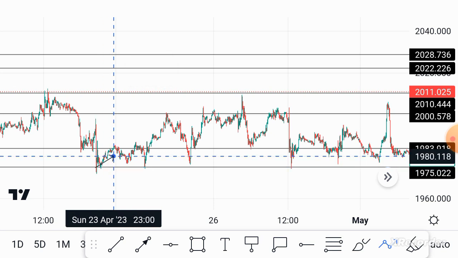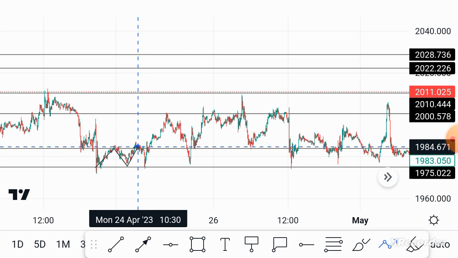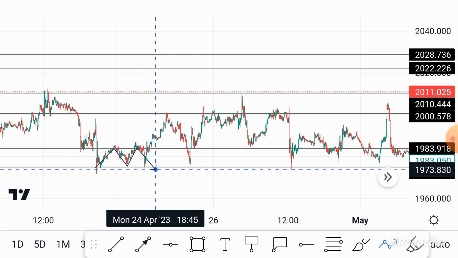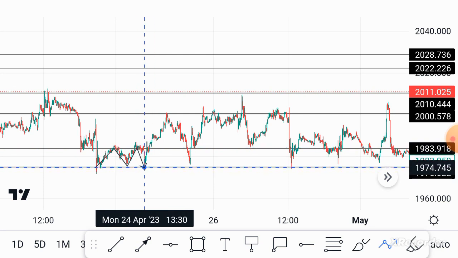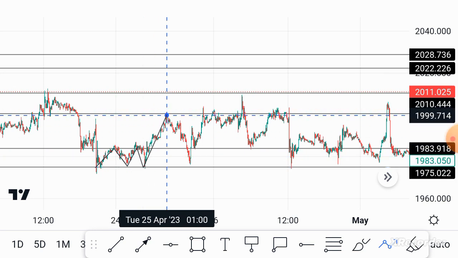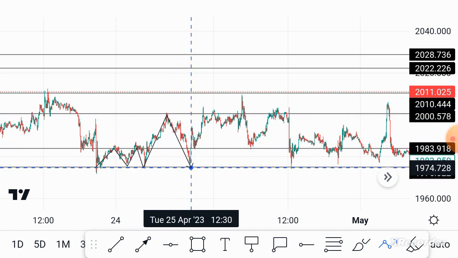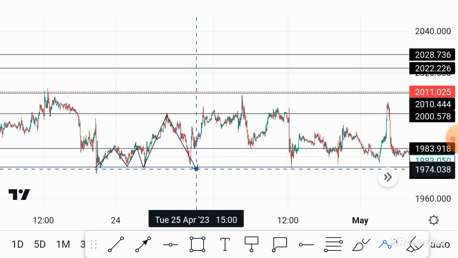Mind you, I said in placing your horizontal tool, what you need to do is make sure that you figure out areas where price respected a quite a number of times, and then you place your tool right there.